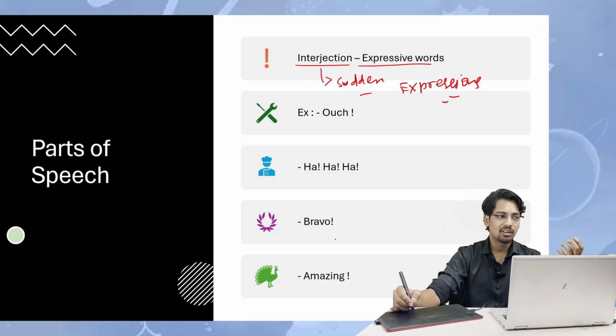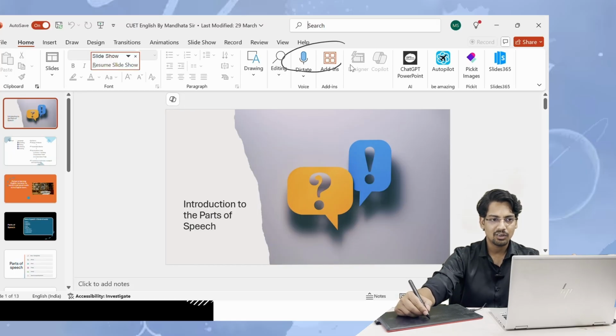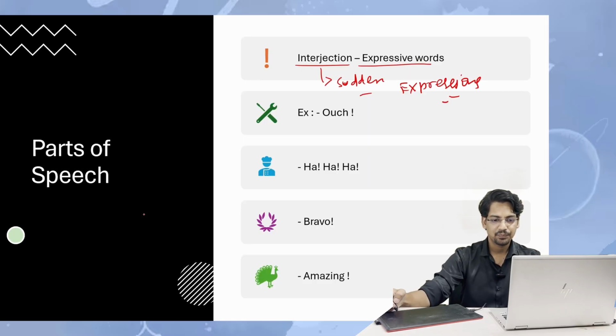Or when you are watching a cricket match, if a player hits a great shot, you will say bravo, amazing, what a shot. These are the sudden expressions. That's called the interjection or the expressive words. And you always use exclamation mark after that.